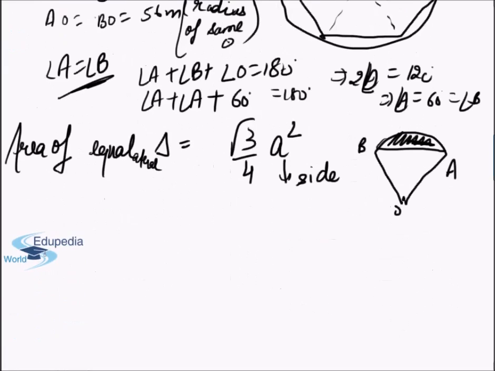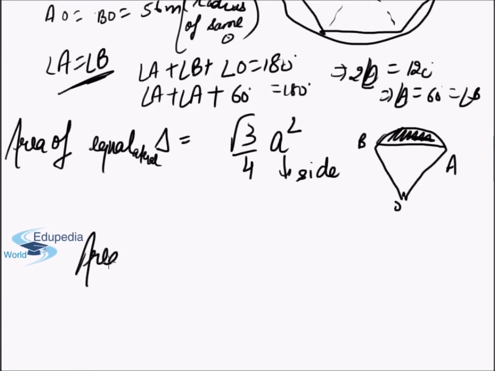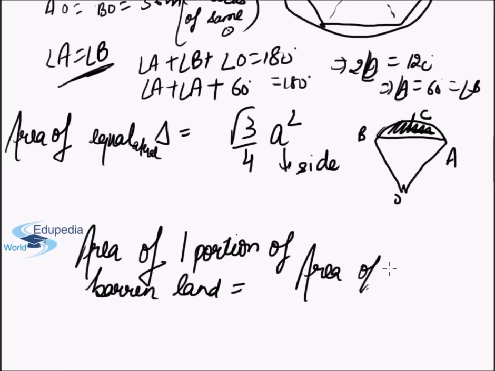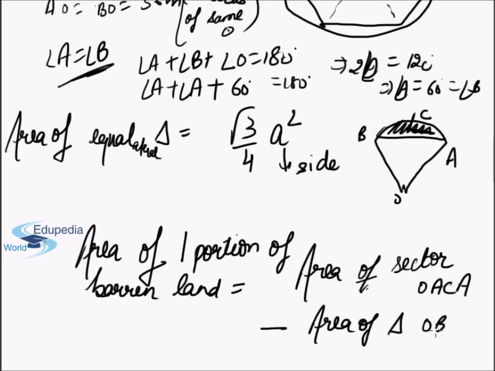Now the area of one portion of this barren land will be the area of sector OBCA minus the area of triangle OBA, which is equilateral in our case.